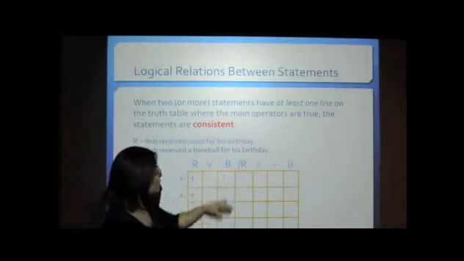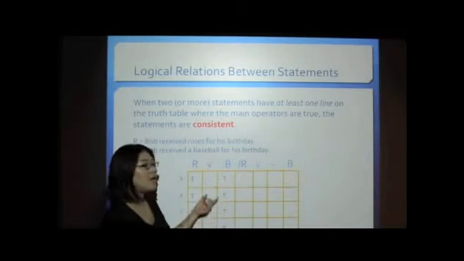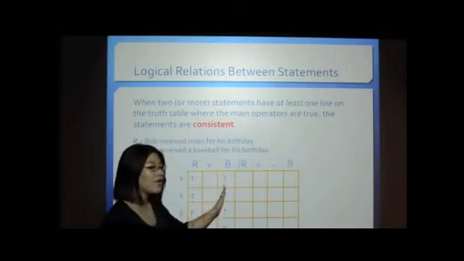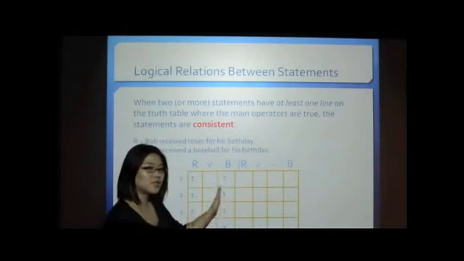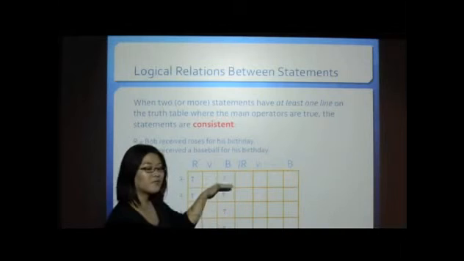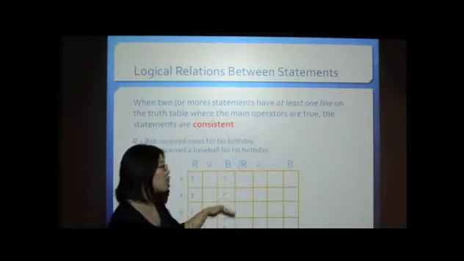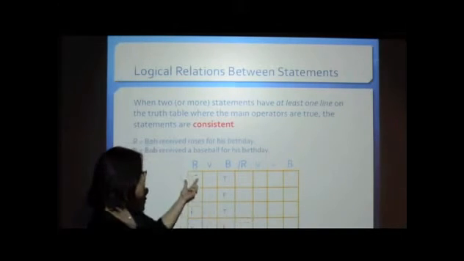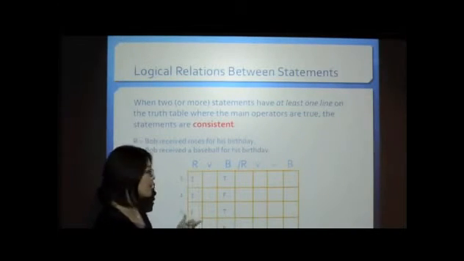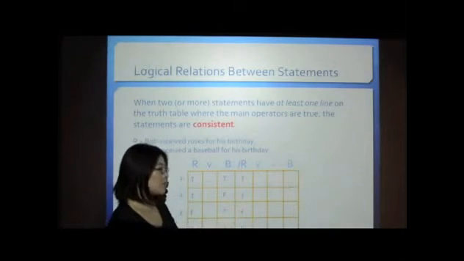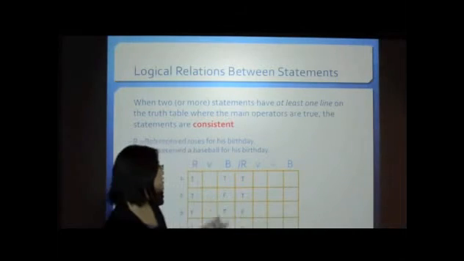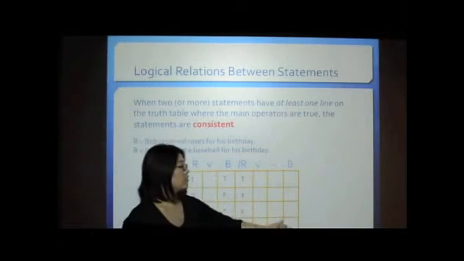So B will get true, false, and because B is our last distinct variable, we know that we have distributed the truth values correctly, since we're alternating true, false. Here R occurs again, so we simply use the truth values that we gave R the first time. And for B occurring here again, we use the truth values that we gave B initially.